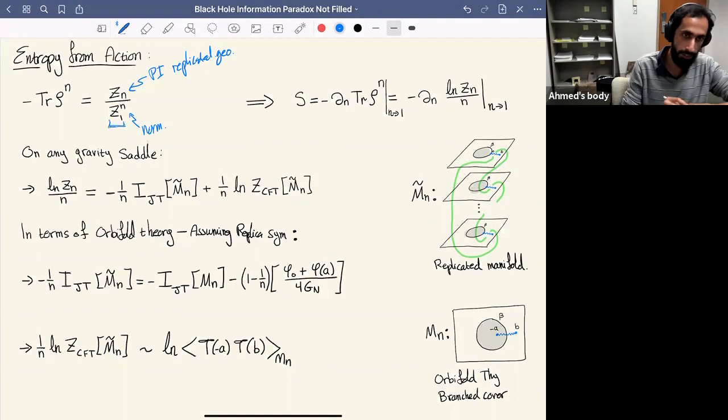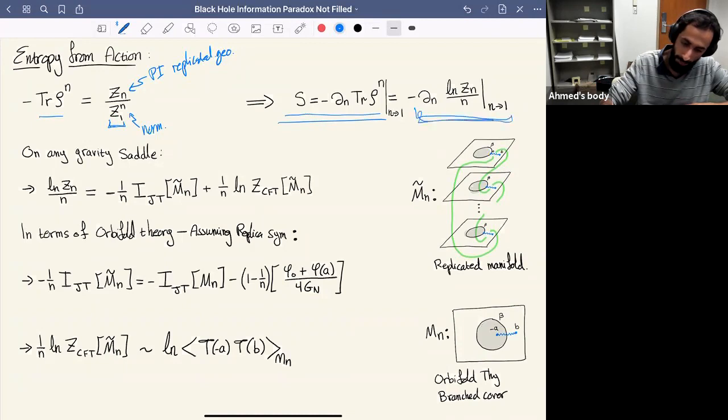Z1 here is the very first example that we considered, a path integral with just one copy. Having trace rho to the n, you extract the von Neumann entropy by taking the derivative with respect to n and taking n goes to 1. You can convince yourself that this is equal to this quantity here, the derivative of log of Zn divided by n. This is something I'll let you do offline.